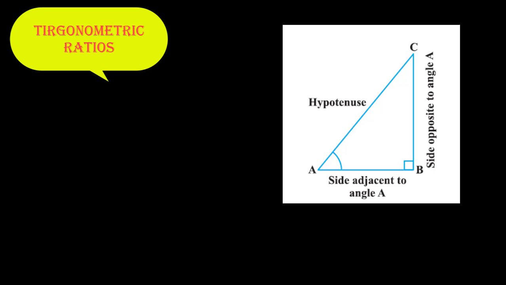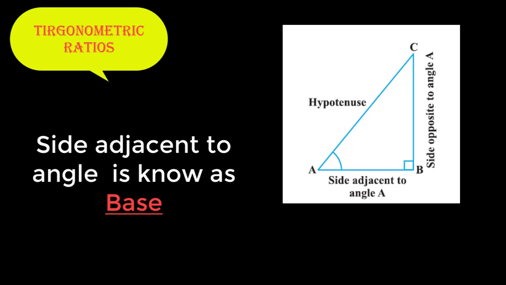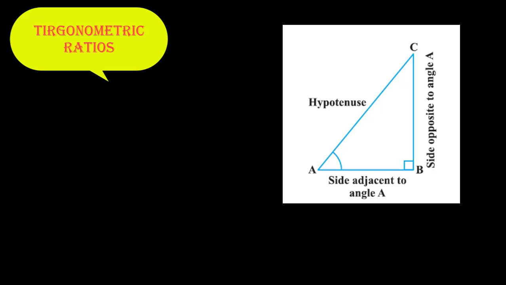So AB is your base. We can call this side adjacent to angle A. Always remember, the side adjacent to angle A is known as base. So AB is base, and AC is hypotenuse.